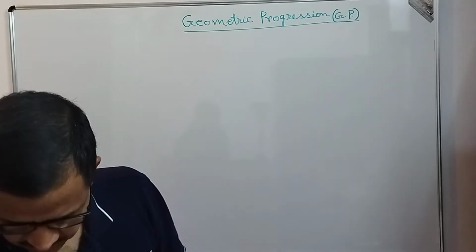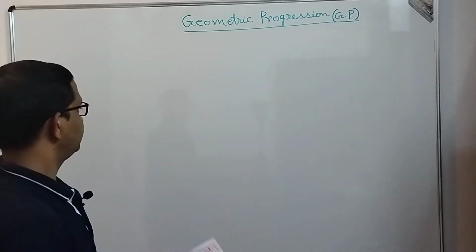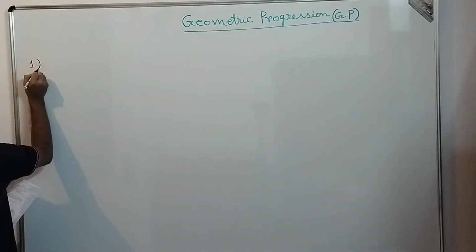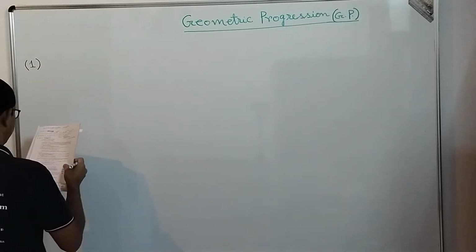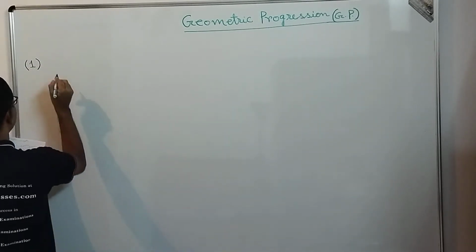Okay. So now the first question, let me write it down. Let me take it from my notebook. The first question, dear students, you also do along with me. Find the 10th and nth term of the GP.